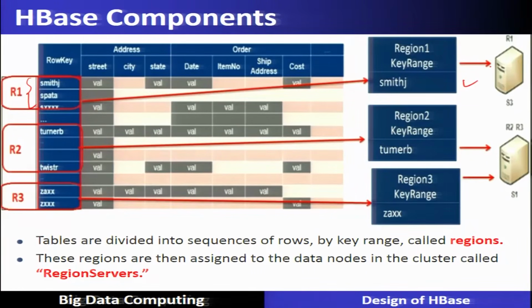Now, for example, the row key range R2 will store this sequence of rows, and this will be stored in another region server. These regions are managed by the data nodes, which are called the region servers.